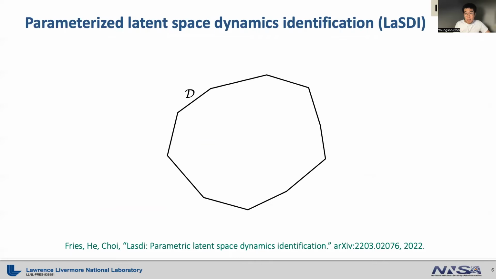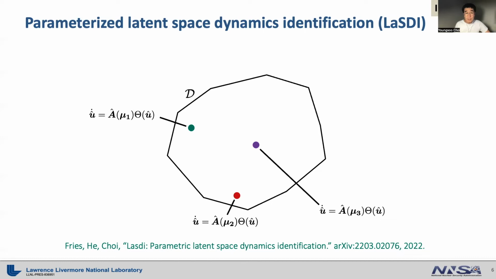Here is a parameter space D with its training parameter points, for example, parameter point mu1. We can build a tailored ODE that best describes the latent space dynamics at that point. Note that the coefficient matrix A hat depends explicitly on mu1. You can do the same thing for mu2, mu3, mu4, mu5 and so on.